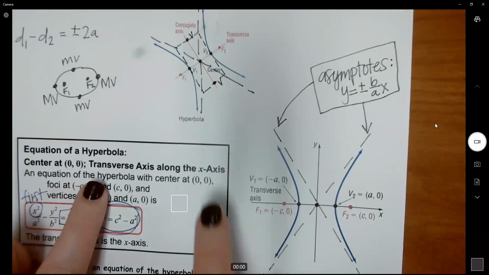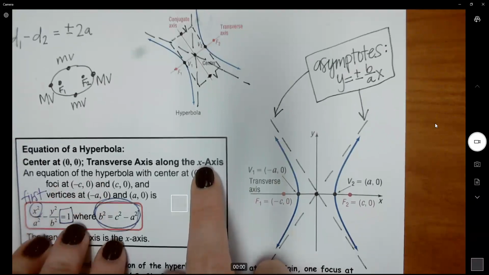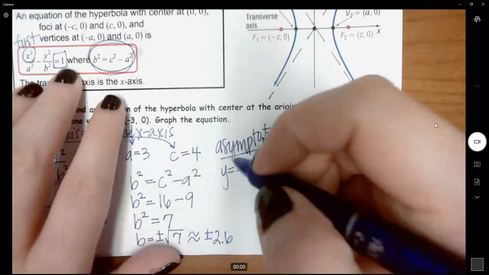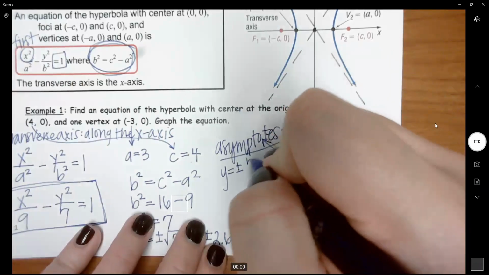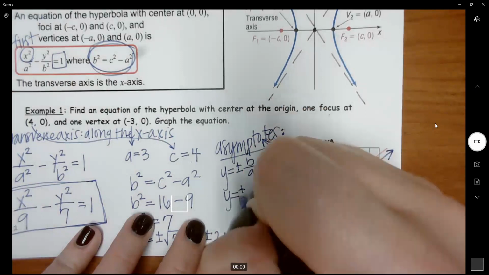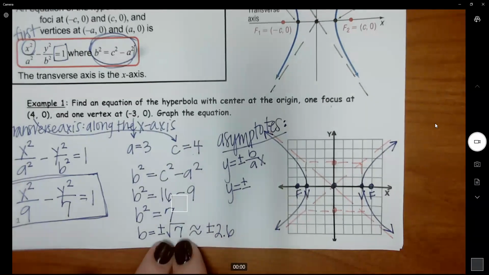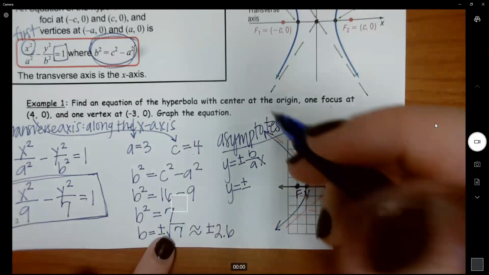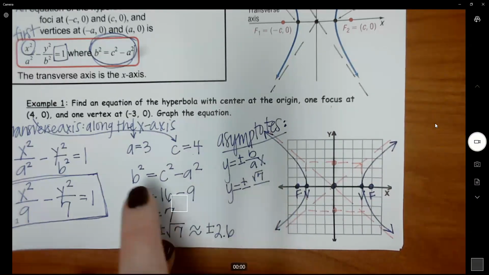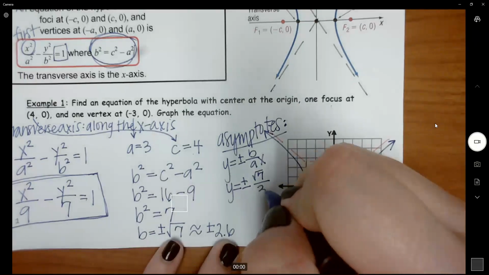When you have the transverse axis going through the x-axis, here are your formulas for your asymptote. So we've got y equals plus or minus b over a x. So my b, I'm going to use this right here as the square root of 7, over my a, which is 3.